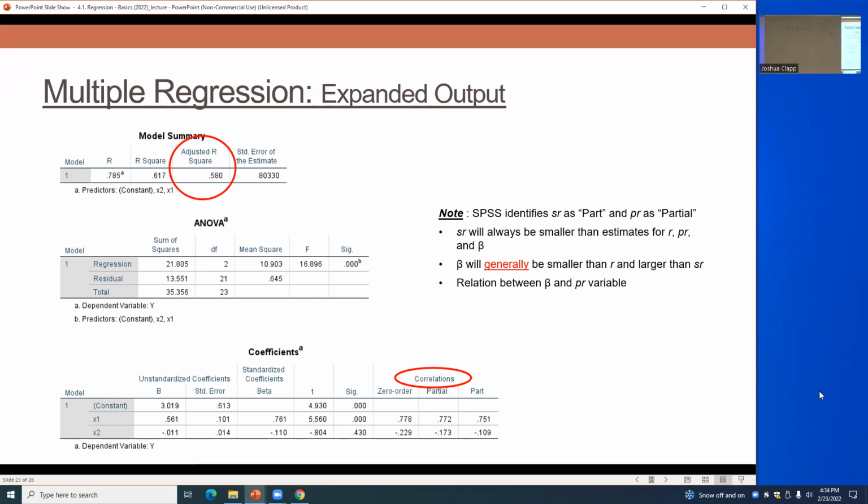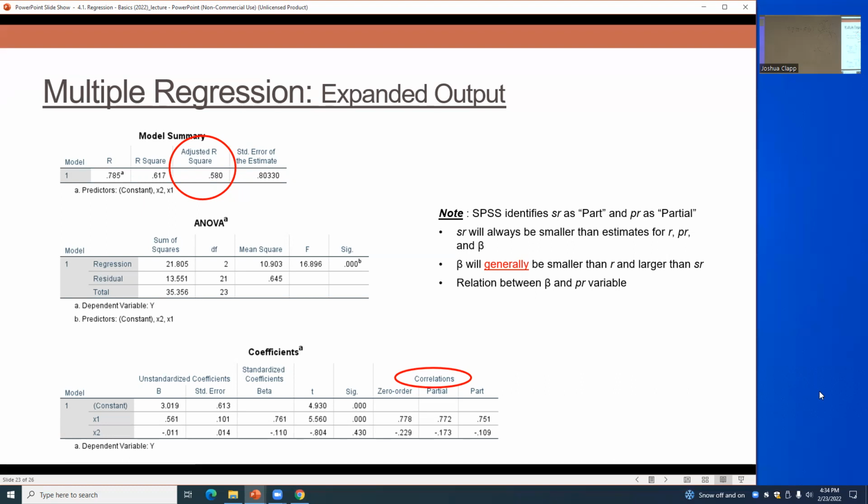What we'll see is that our semi-partial correlation is always going to be smaller than our estimates for our bivariate correlation, our partial correlation, and our standardized regression coefficient. The standardized regression coefficient is generally going to be smaller than R and larger than my semi-partial, because again, the equation for my standardized coefficient takes into account residual variability.